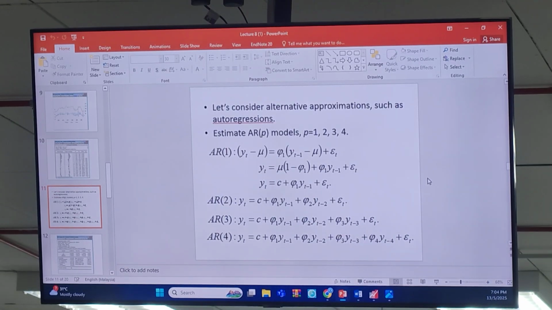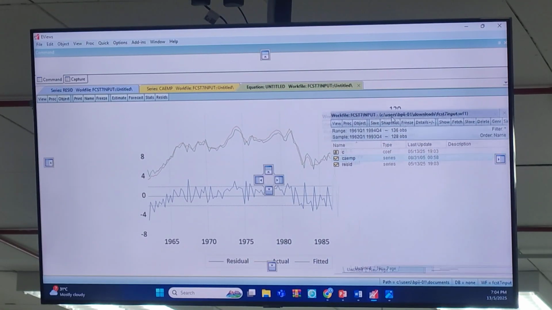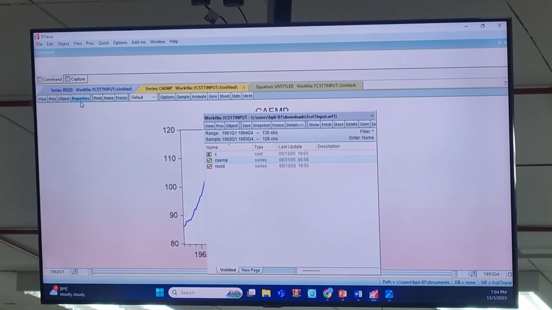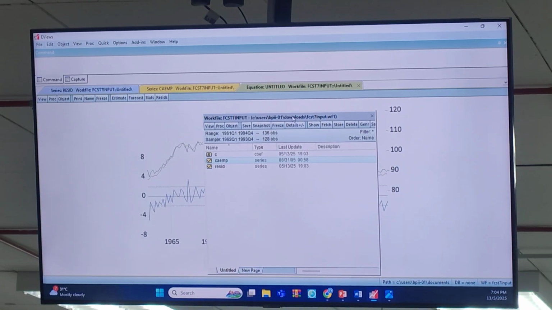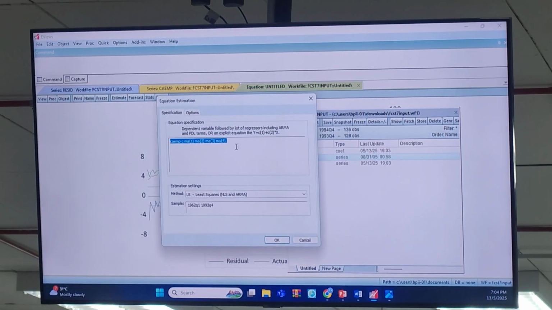Now let's consider alternative approximations such as autoregression. We do the same, with autoregressive order 1, 2, 3, 4. So now estimate the autoregressive model. Instead of MA, use AR1.